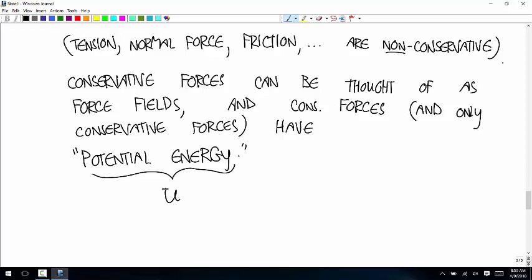Okay, so before we take a break, what does a force field mean? It just means that if the position is enough information to specify the force that's applied to an object, you can imagine those forces just waiting in space for the object to get there.